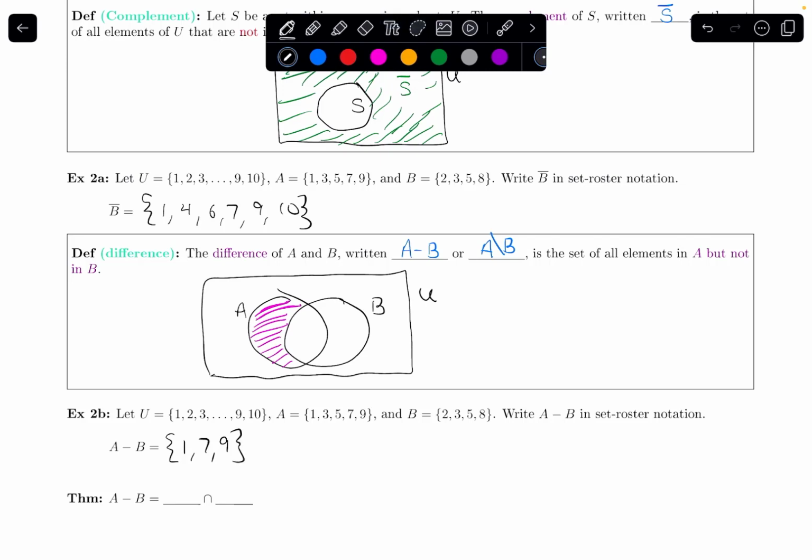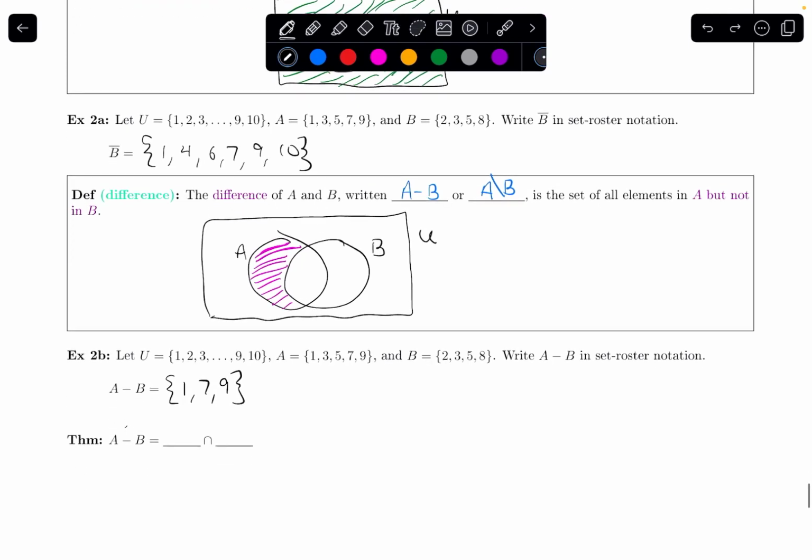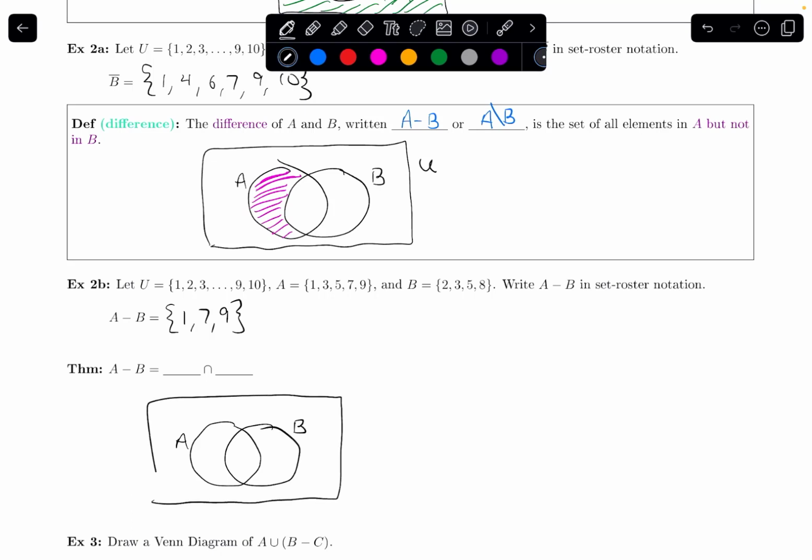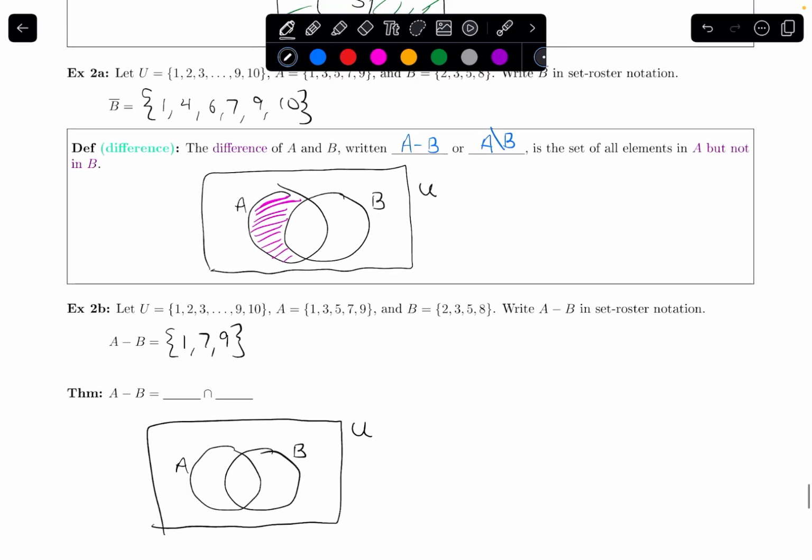There's a key theorem we can state about the difference, which I'm going to illustrate visually. Imagine we have our circles for A and B within this rectangle for my universal set U. One thing to notice about the way the difference is defined: it's the set of all elements that are in A, but not in B. The word but is just a synonym for the word and.